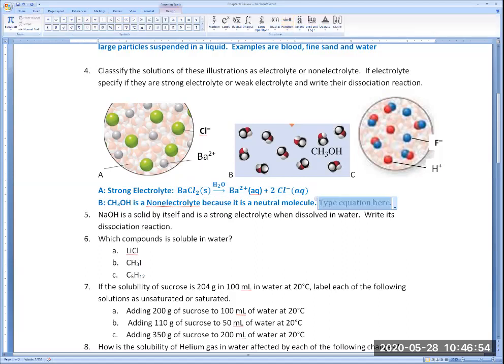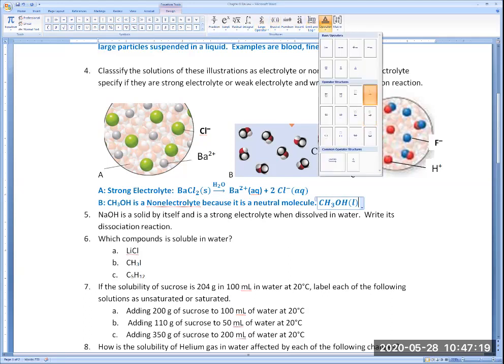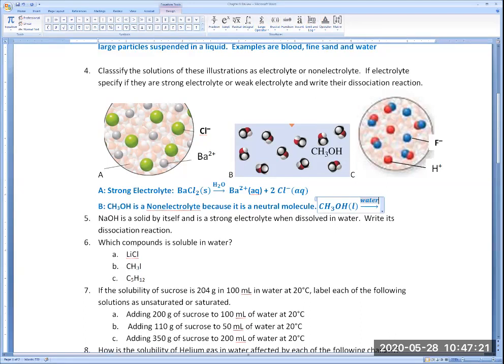So what would happen is that CH3OH, let me write this small, a subscript 3, I need this to be H. So when it's by itself, it's a liquid, and when you place it in water, it's of course still a liquid, water. When you place it in water, it stays the same.